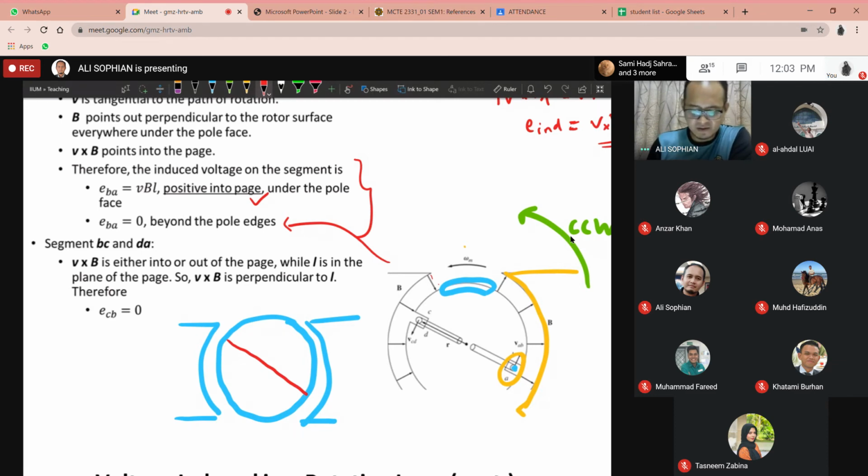So this is B and C. But imagine this is at the back, not at the front side of the rotor, behind the rotor. In this case, the induced voltage will be 0.